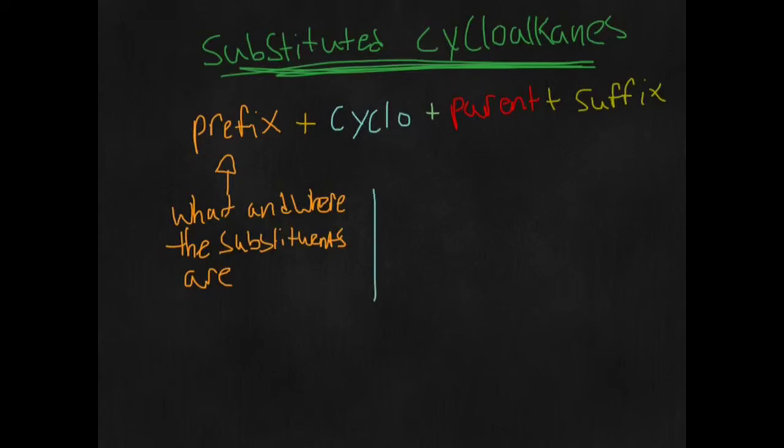It just means a ring is present. When we talk about cyclo, that just means is there or is there not a ring or a circle involved?